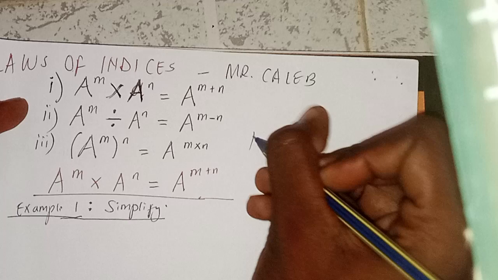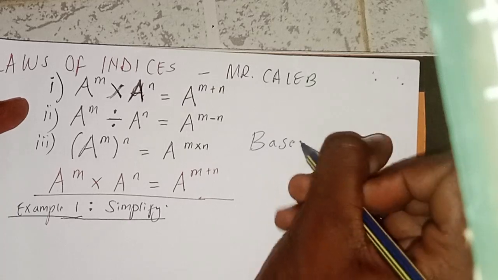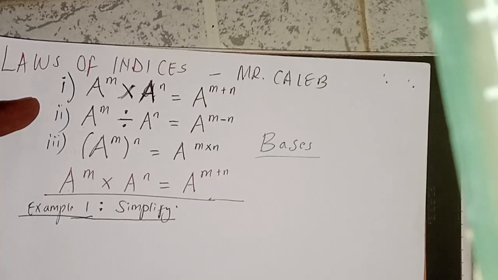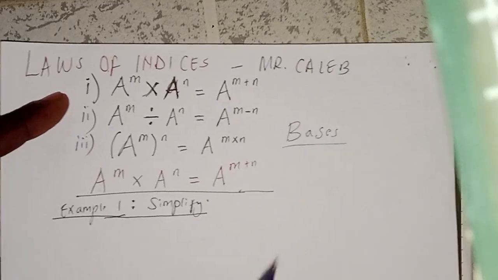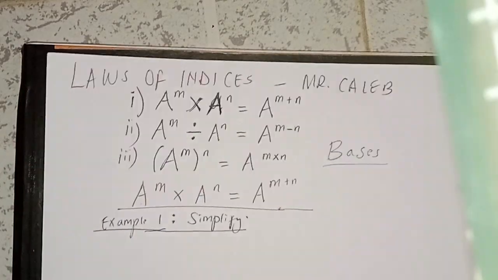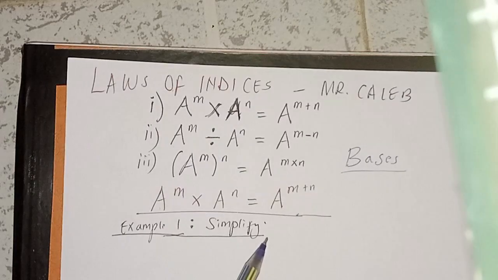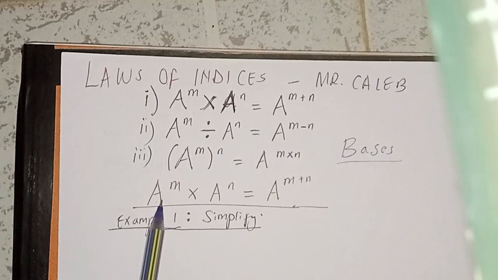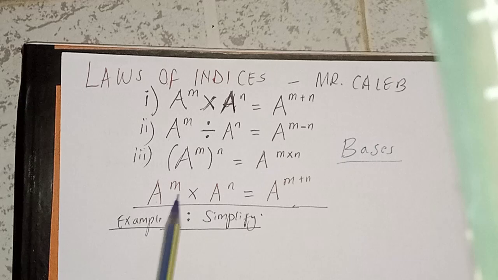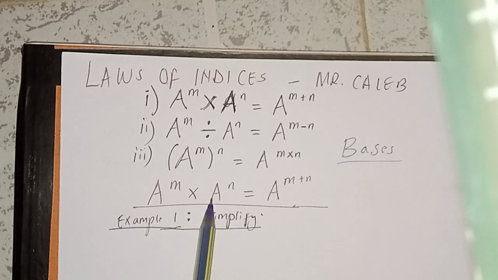We refer to them as what? Bases. Okay, we've been learning chemistry. Yeah, also here we have bases. So this a, we refer to them as bases. This is base a, power m, or index m. Base a, power m.